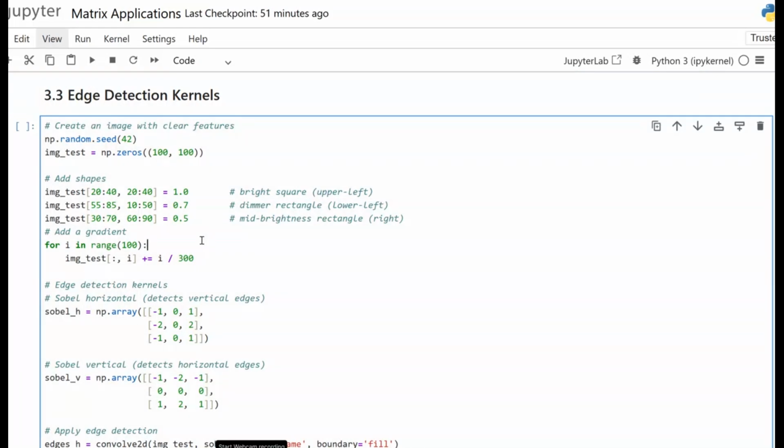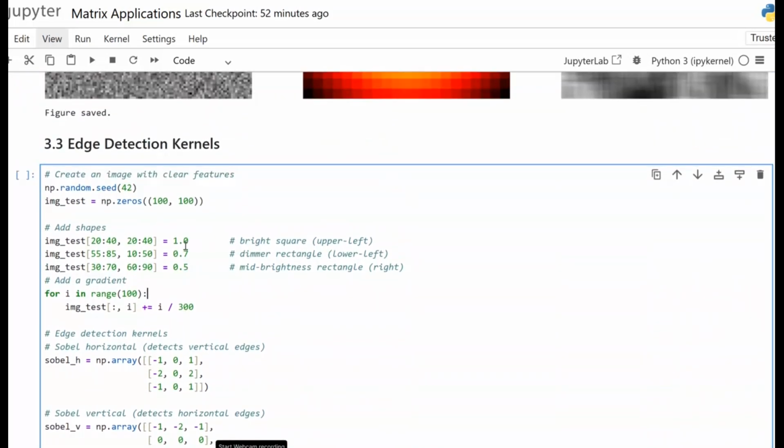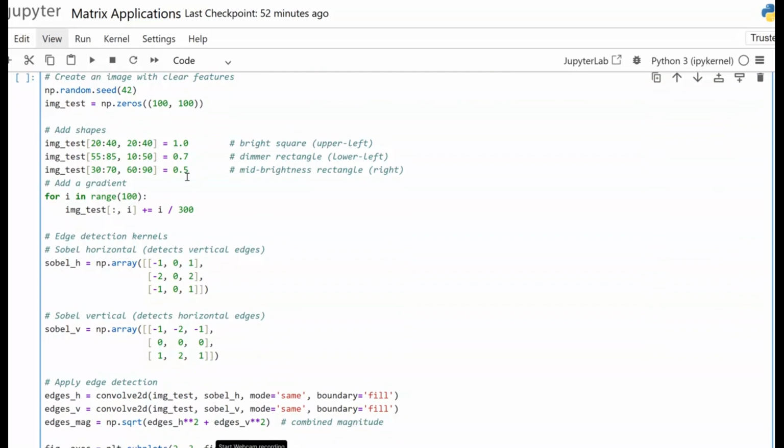Here we are going to construct a synthetic image with structured features and apply Sobel edge detection to extract intensity transitions. Kindly observe this code; it demonstrates how convolution kernels approximate spatial derivatives. We initialize a blank grayscale image, which is exactly zeros, and next we add geometric shapes, three regions with different intensity.